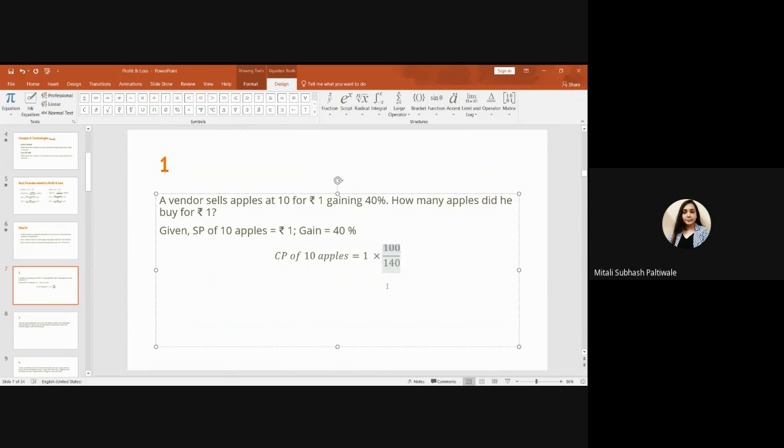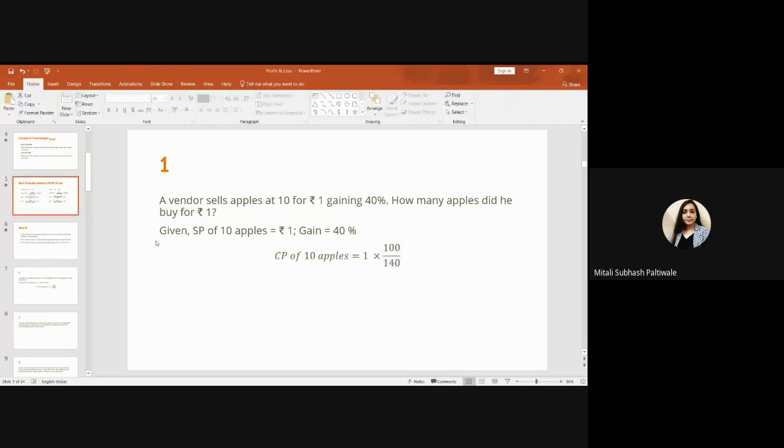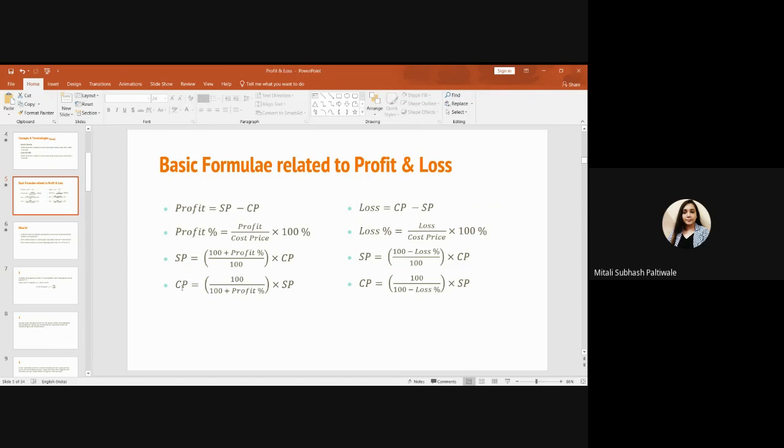From where has 140 come? From this formula: CP is equal to 100 by 100 plus 40%. So this was the thing.